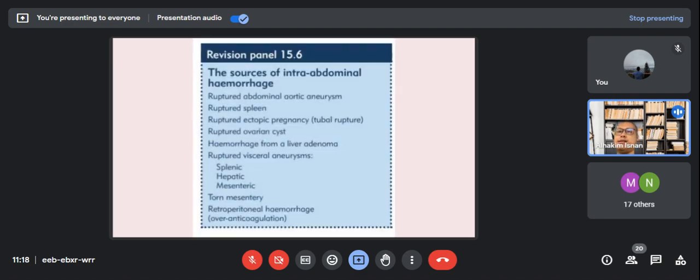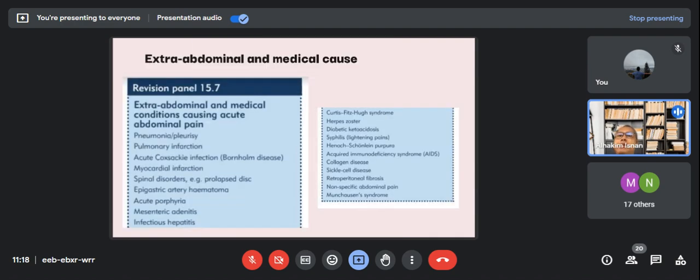So here are the sources and other causes of intra-abdominal hemorrhage.